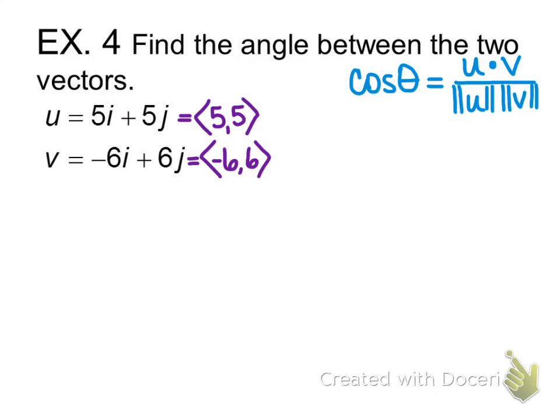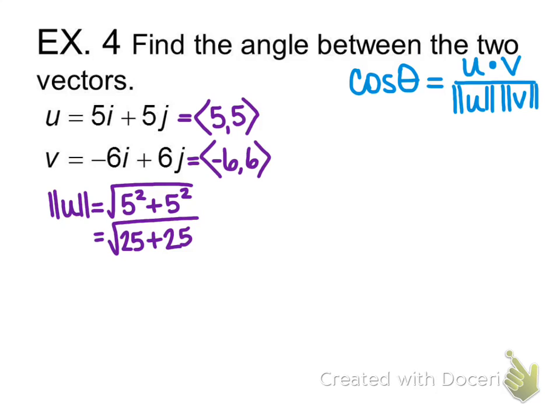So I need to find the magnitude of each of these vectors. The magnitude of vector u is going to be the square root of 5 squared plus 5 squared. So that's going to be the square root of 25 plus 25, which is the square root of 50. And then the square root of 50 will reduce and simplify to 5 square root 2. Now for the magnitude of v.